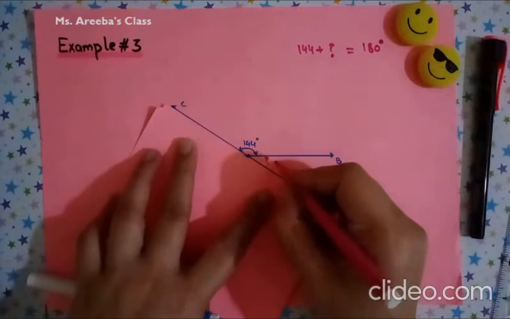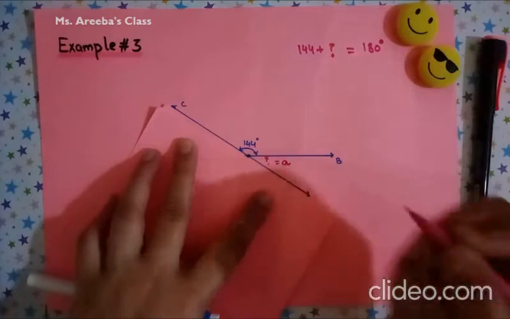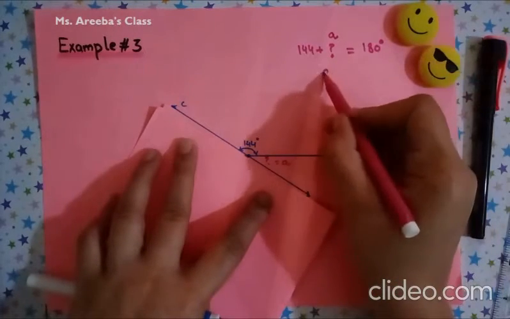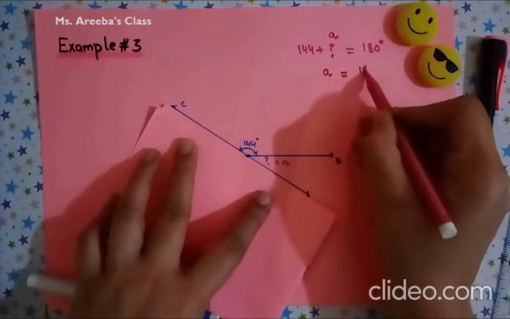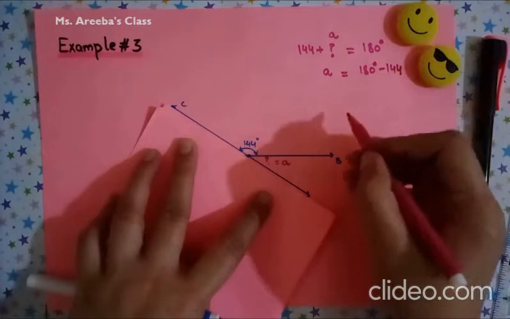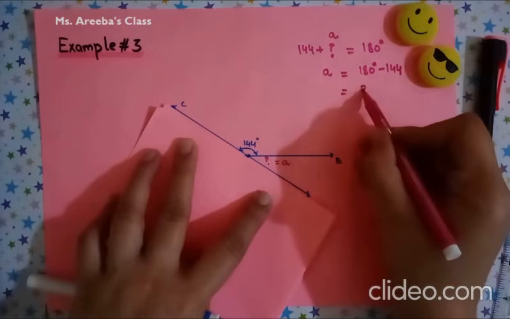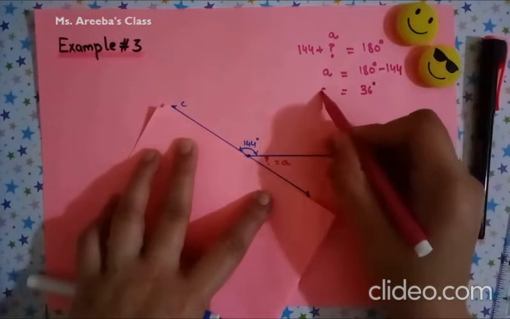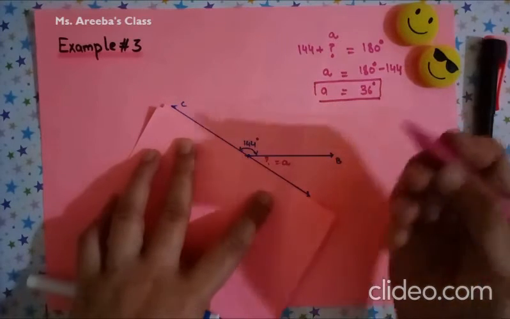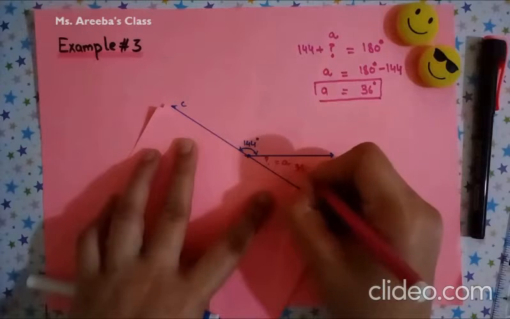I can give this unknown angle a name, A, so I will replace it over here. In the next step I will move 144 to the other side, so 180 degrees minus 144 is equal to 36 degrees. So the value of this unknown angle A is 36 degrees. I can write it over here.